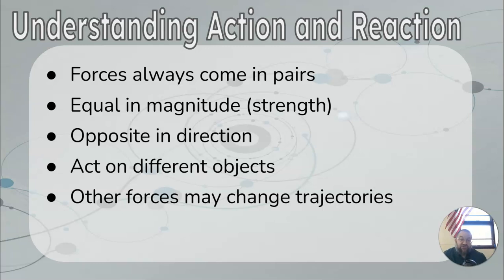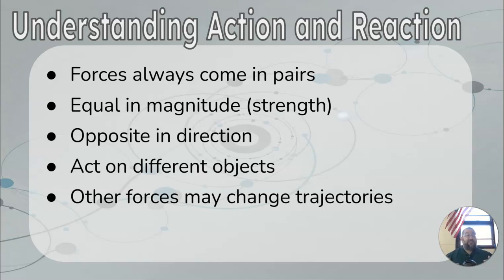So other forces may change trajectories. Trajectory is where something is going. Remember that an object that is stationary wants to stay stationary. An object in motion wants to stay in motion. Right now I'm stationary. I am not moving, relatively speaking.